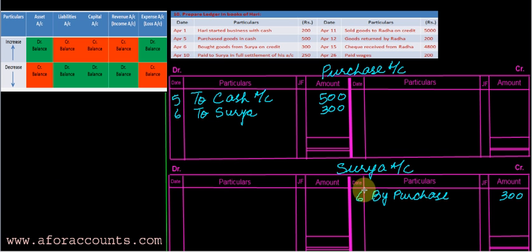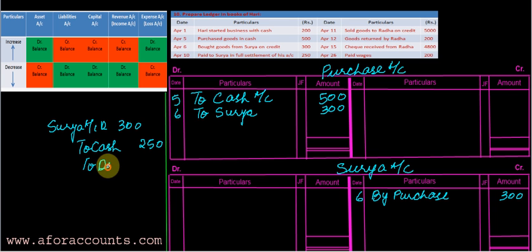Okay. Now 10th of April. Paid to Surya in full settlement of his account 250, means 50 rupees is discount. So what will your entry be? I will write the entry here. Surya account debit 300, to cash 250, to discount received 50.